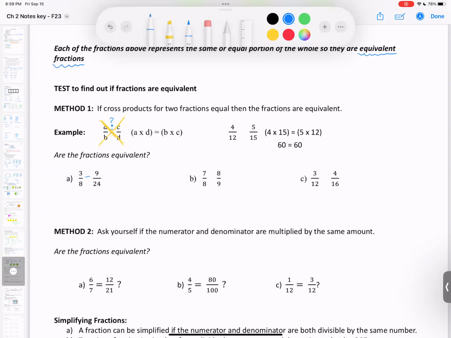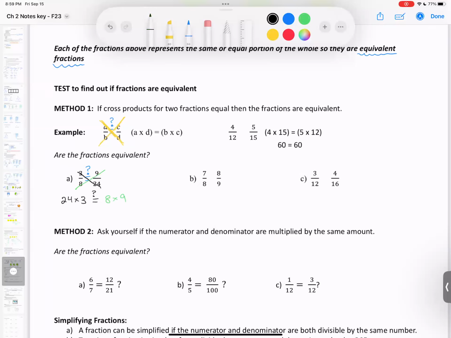So let's do an example. In A here, we're trying to decide if 3/8 means the same thing as 9/24. So we're going to draw ourselves an X, and we're going to say 24 times 3. And we're going to ask ourselves, does that equal 8 times 9?